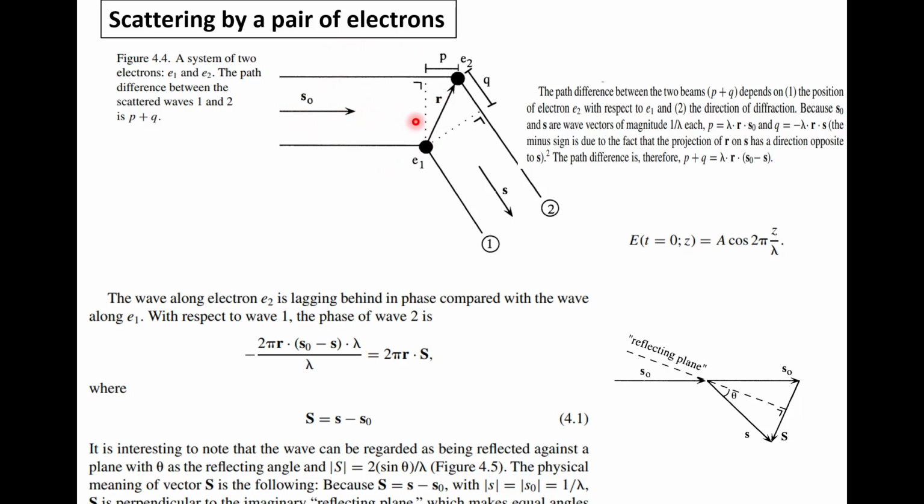Now the X-ray beam which will be hitting E2, as compared to the one hitting E1, will have to cover an extra path, that is P and Q. If this extra path does not result in the two waves constructively interfering with one another, then you will not get an electron density.